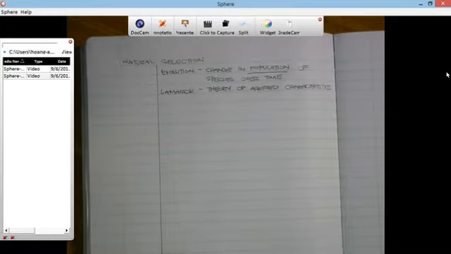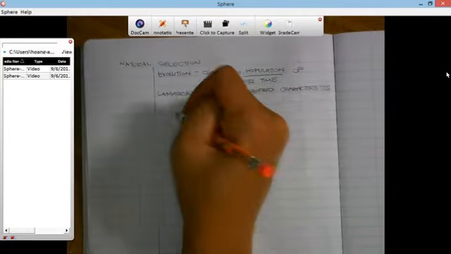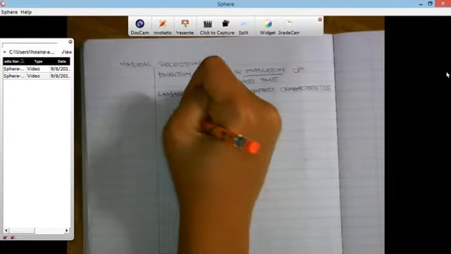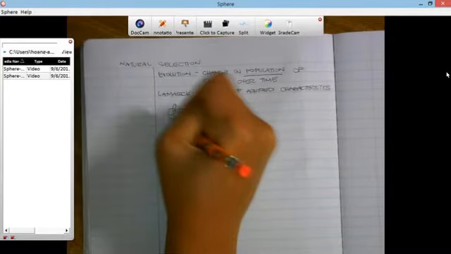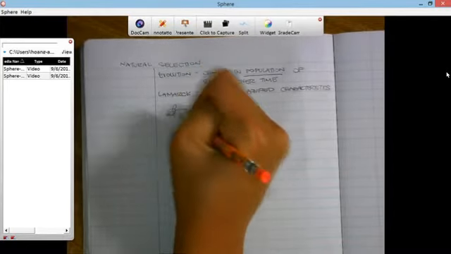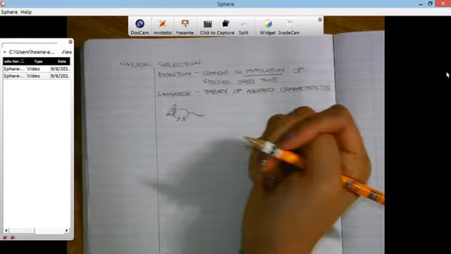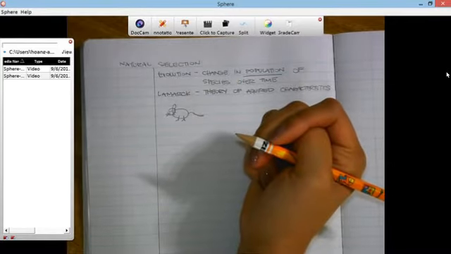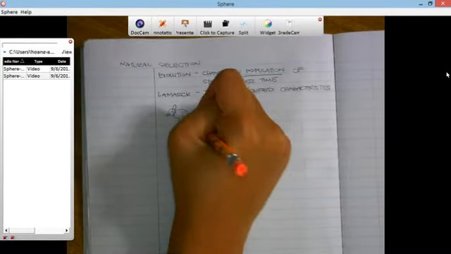Later on, this was proven to be incorrect by an experiment where they had a mouse. This mouse had no tail.